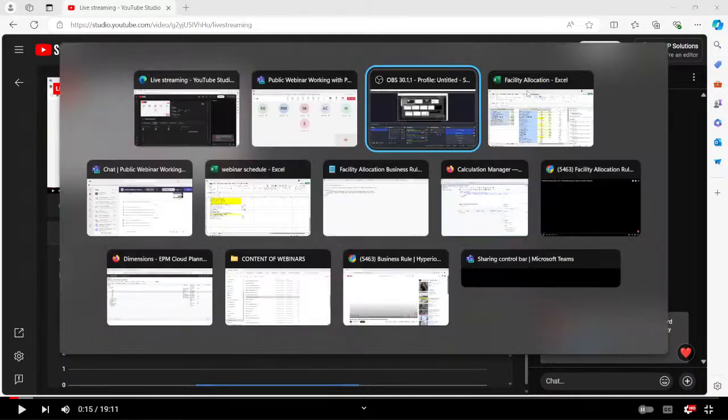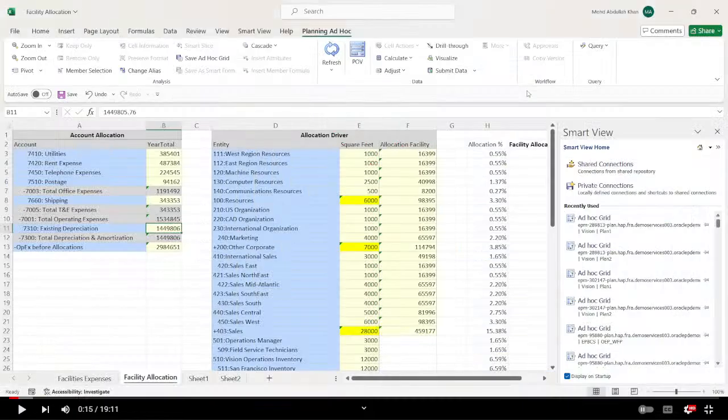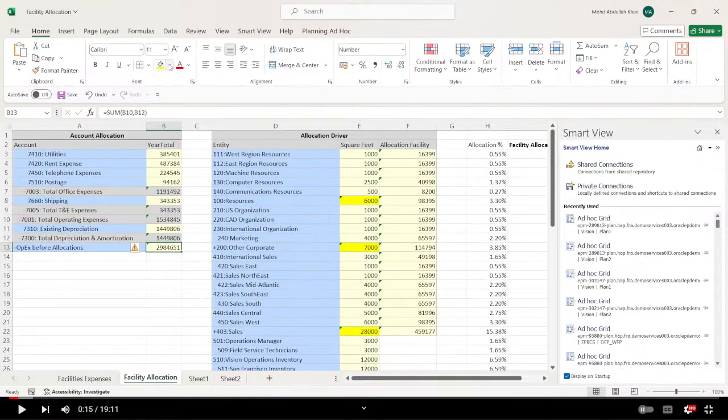Okay. So I told you about what shared allocation is and why, and you can see on my screen right now. Suppose I have all the expenses here: total office expenses, total operating expenses, and the existing depreciation, which equals operating expense before allocation, 2984651.